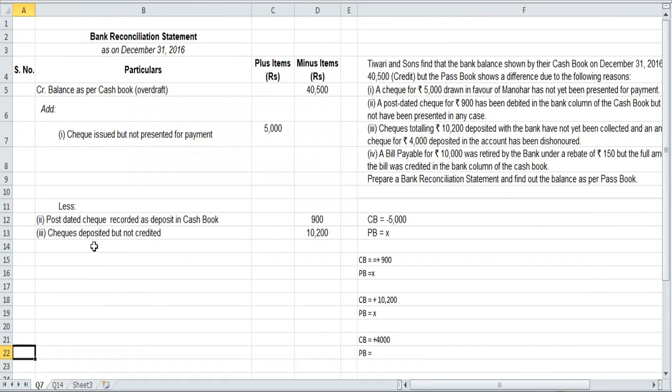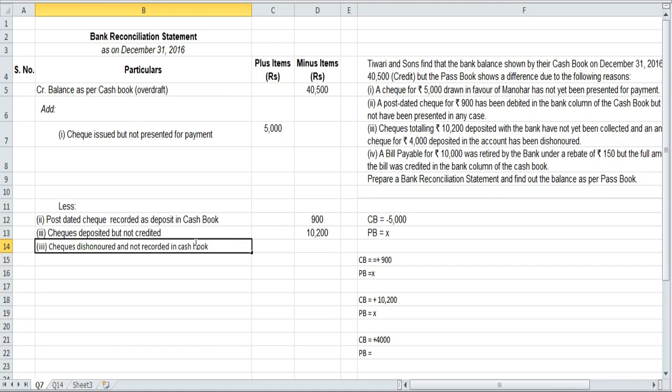So here what you'll have to do to match the cash book with the passbook, cash book is up, you'll have to bring it down to the passbook. So number 3 also, same thing, will go in the left side: checks dishonored and not recorded in cash book.